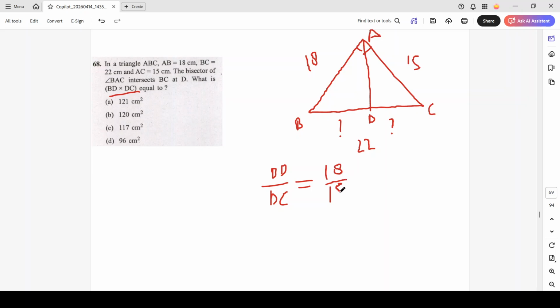These 18 and 15 can be cut by 3. 3 6s are 18 and 3 5s are 15. If we take 6x and 5x, the sum of both is 22, so x is 2. This will become 12 and this will become 10. To find BD into DC, we just multiply these two, 12 and 10. That means the answer will be B, 120.